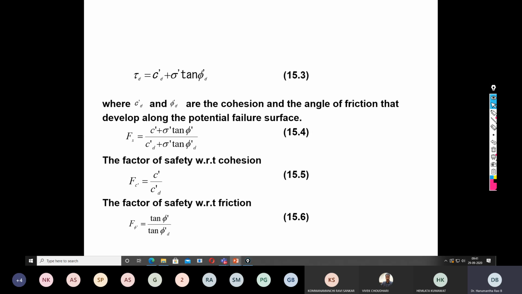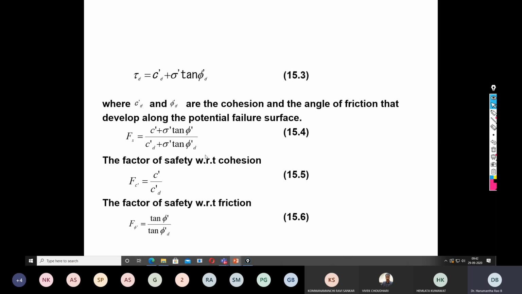But in geotechnical engineering, we normally deal with two varieties of soils. One is cohesive soils, the next is frictional soils. For the same shear strength of the soil, often the cohesion dominates the shear strength, or on the other hand, sometimes the friction dominates the shear strength. So accordingly, a factor of safety can be defined with respect to the cohesion or with respect to the frictional component.